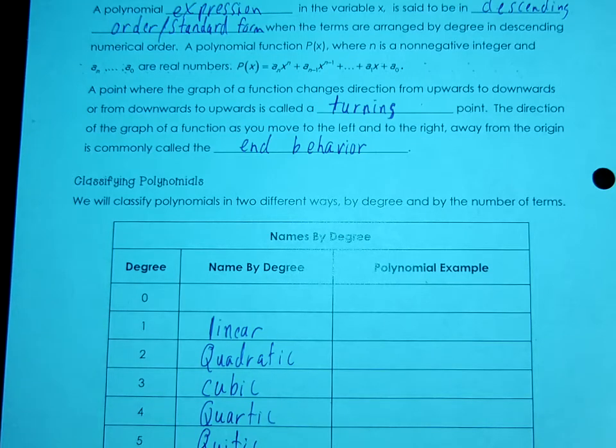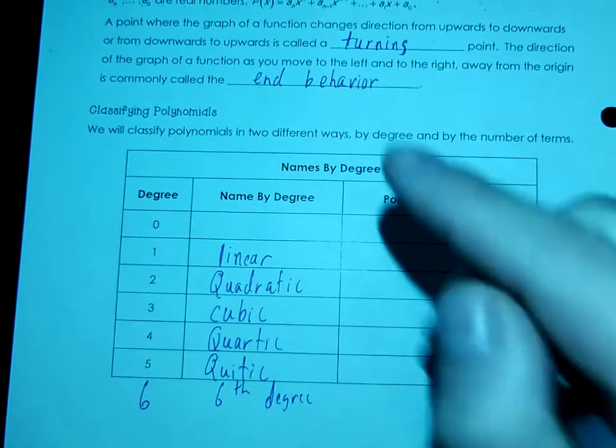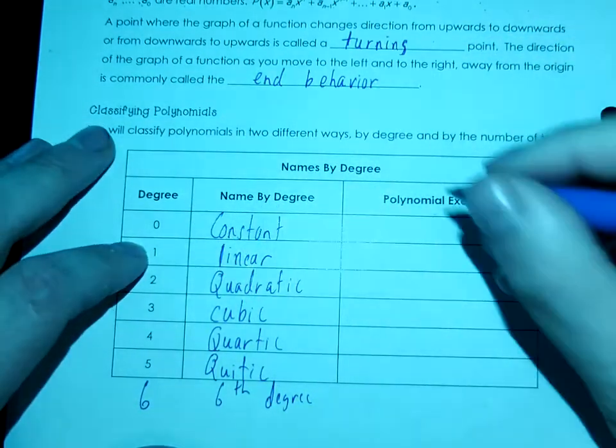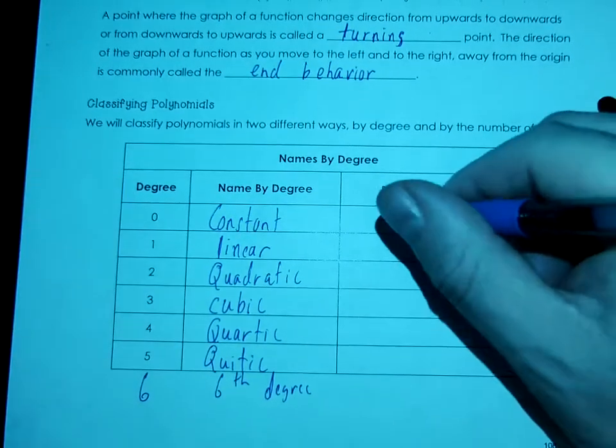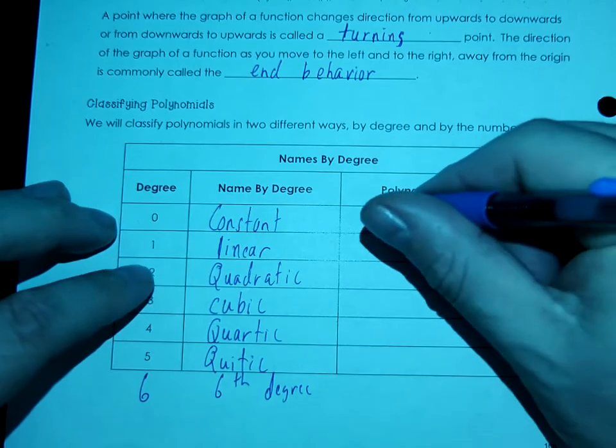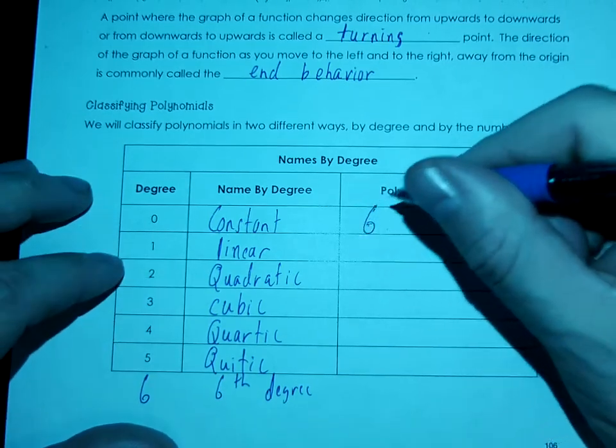Alright, and then the 0 degree is called a constant. So a 0 degree polynomial would be just a single number, or it could also be an irrational number, like a square root. So like a 6 would be a 0 degree polynomial.